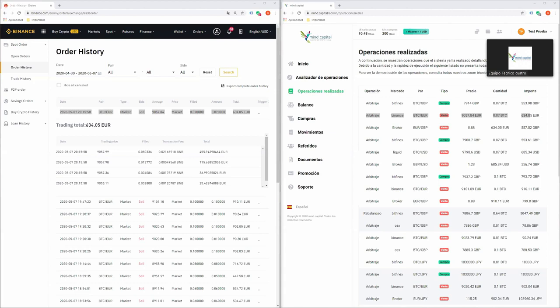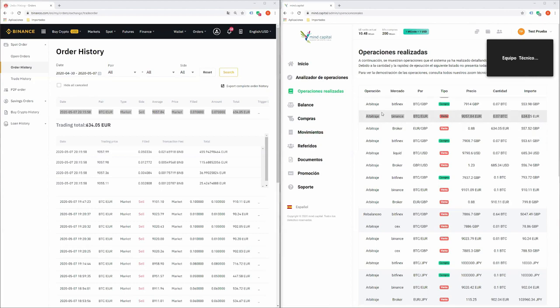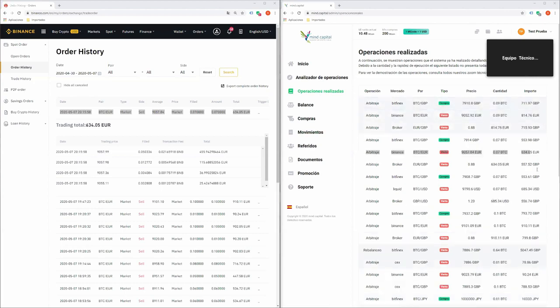At this time, we can say that the investment enters into the arbitrage operation. The first movement is in the rebalancing bot.